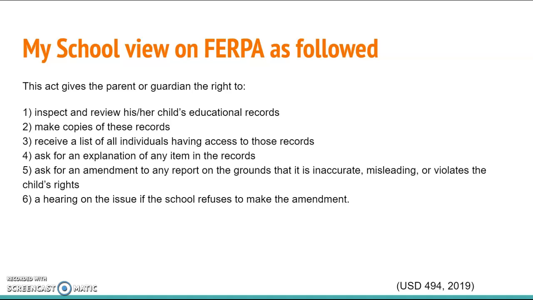This act gives the parents or guardians the right to inspect and review his or her child's educational records, make copies of these records, receive a list of all individuals having access to those records, ask for an explanation of any items in the records, ask for an amendment to any record on the grounds that it is inaccurate, misleading, or violates the child's rights, and a hearing on the issue if the school refuses to make the amendment.